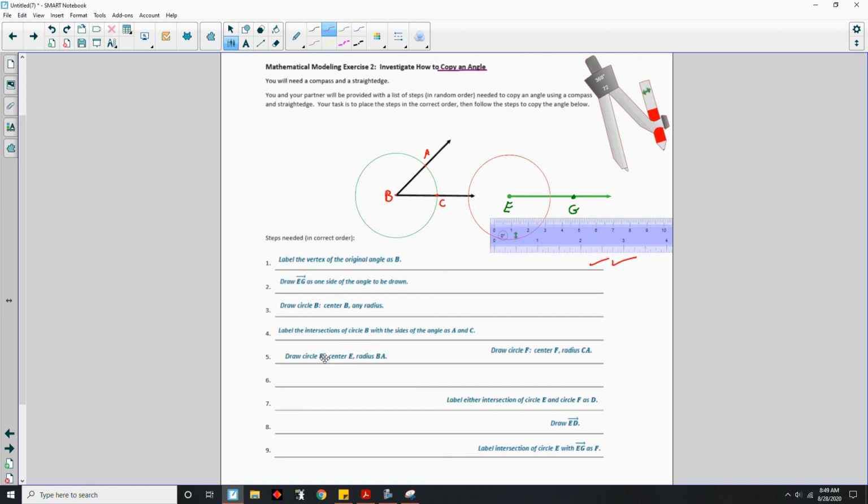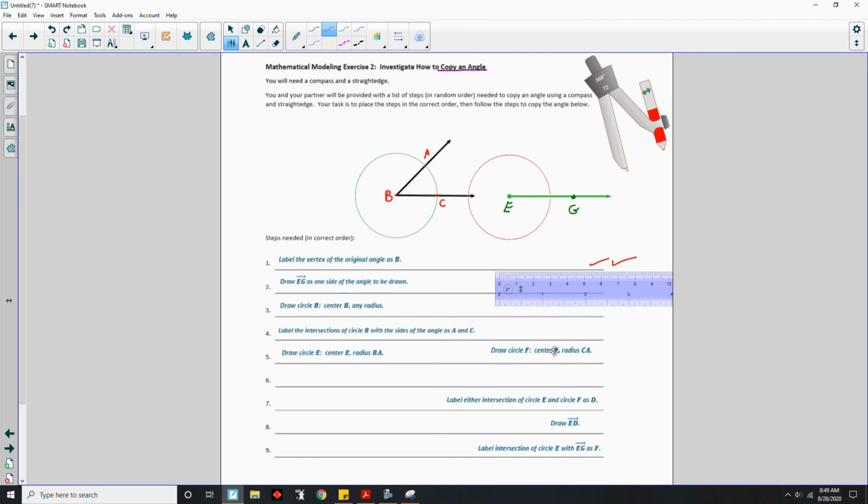So there's the circle with the same radius as BA. Follow that? So I have two circles that are congruent. One centered at our original vertex, one centered at the starting point of our new ray. Capiche? All right.